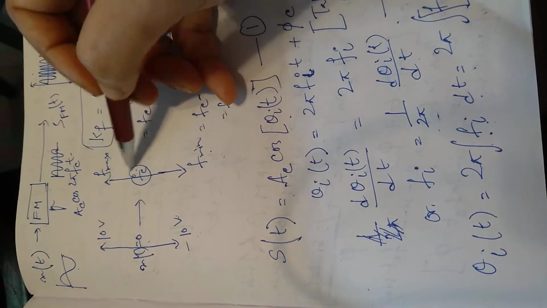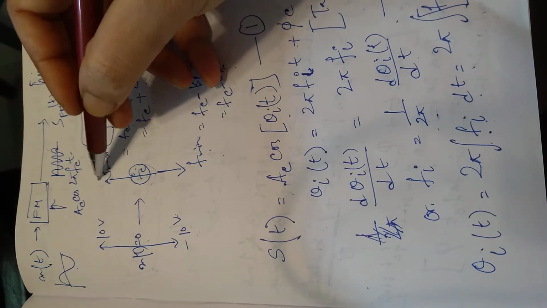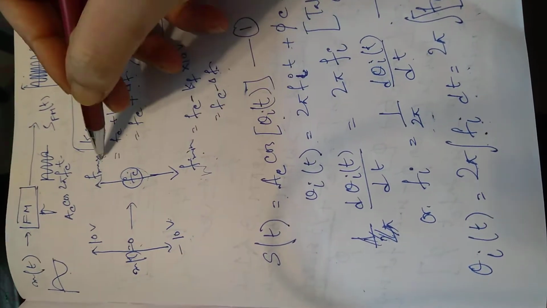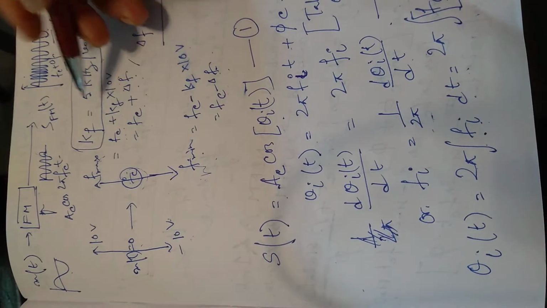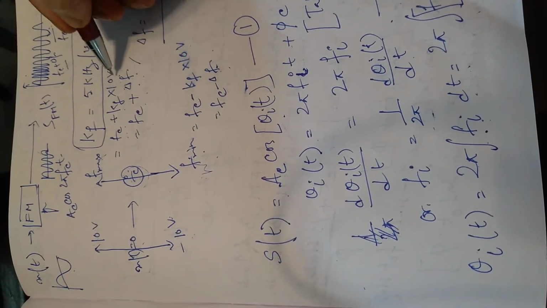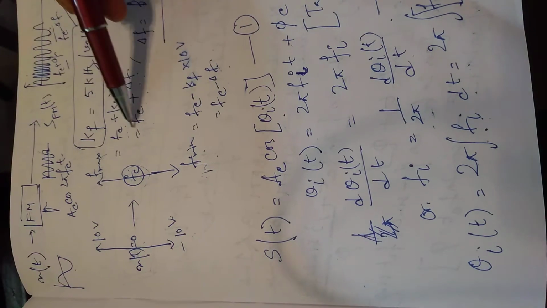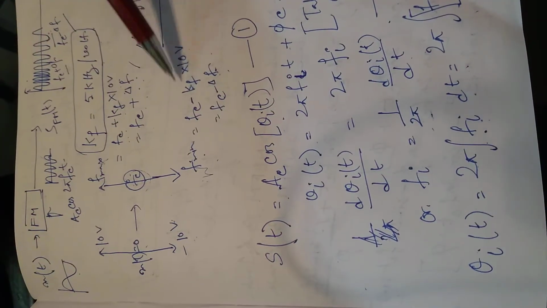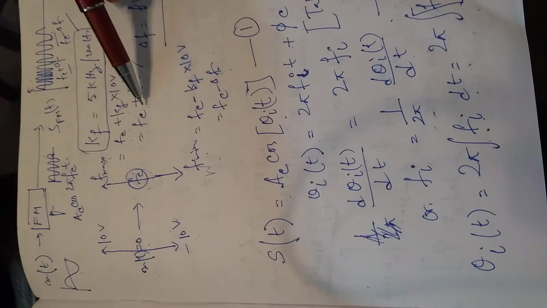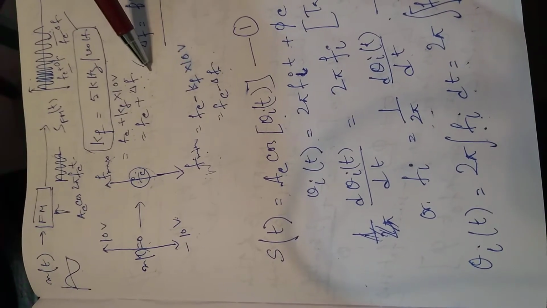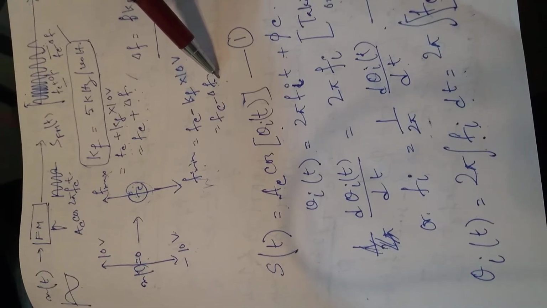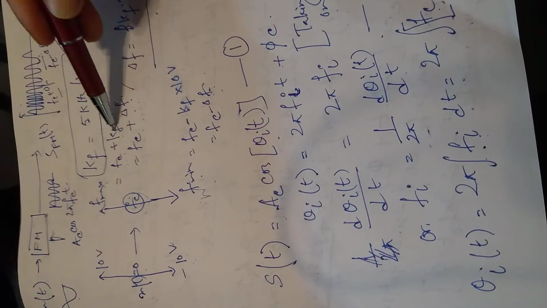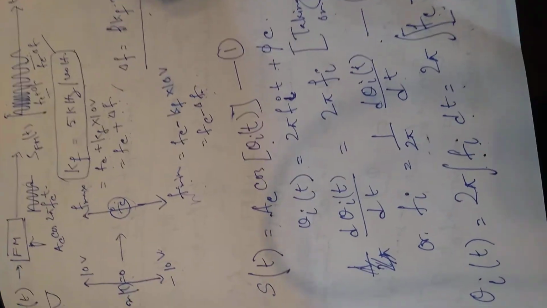If this modulates my carrier frequency, then whatever the maximum frequency I will get, f max and f min. F max will be given as fc plus kf into m(t), where m(t) is the 10 volt, and f min is equal to fc minus kf into minus 10 volt. So that is why it is minus. So it is given as fc plus del f, fc minus del f. So obviously from this equation we can get this formula, del f is equal to kf into m(t).